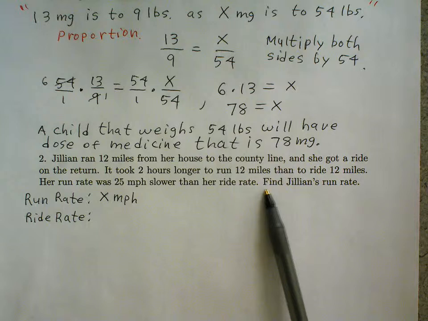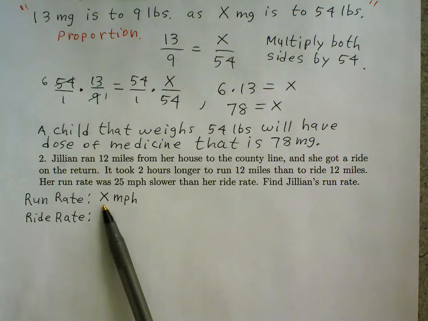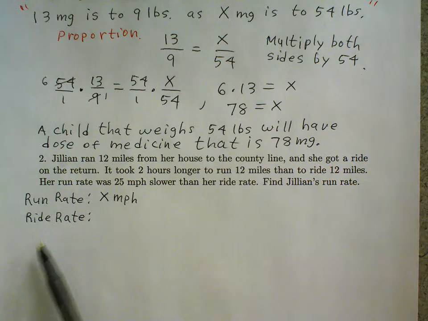The very last sentence says find Jillian's rate, so that's why I picked a variable to represent Jillian's run rate. But what information is given about the ride rate as it relates to the run rate?